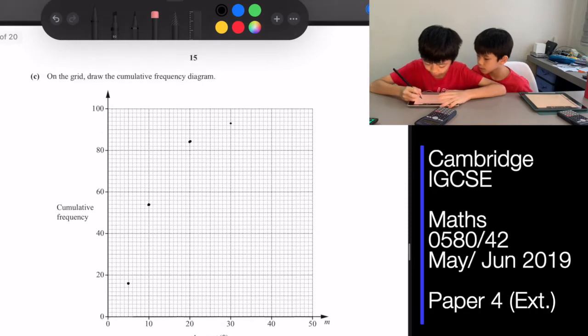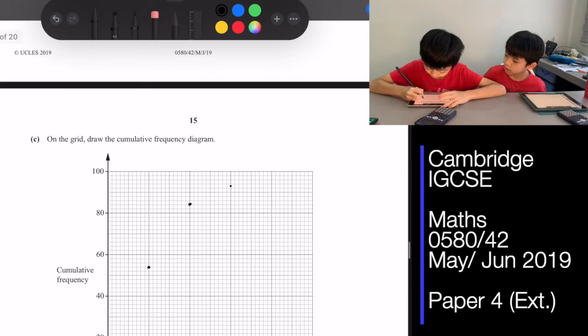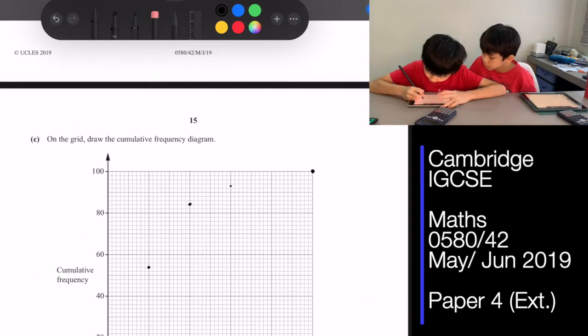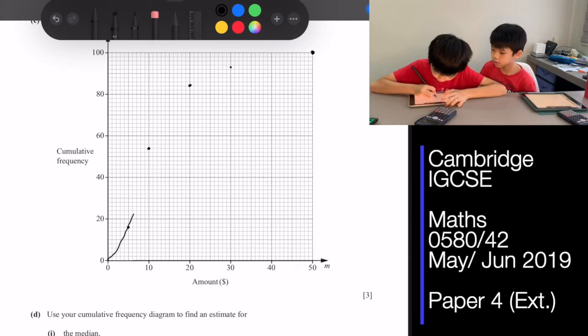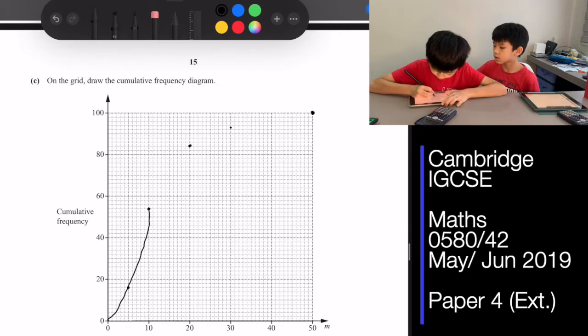And then the last one, 50 goes with 100. Okay, then we'll just plot the graph. Something like this.